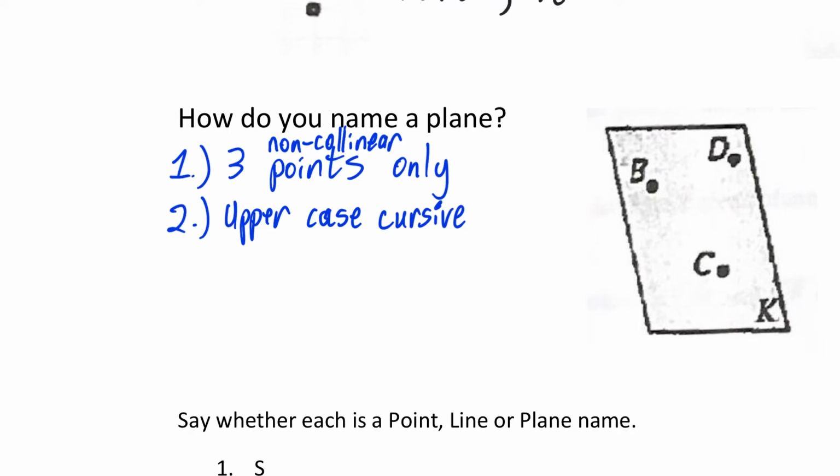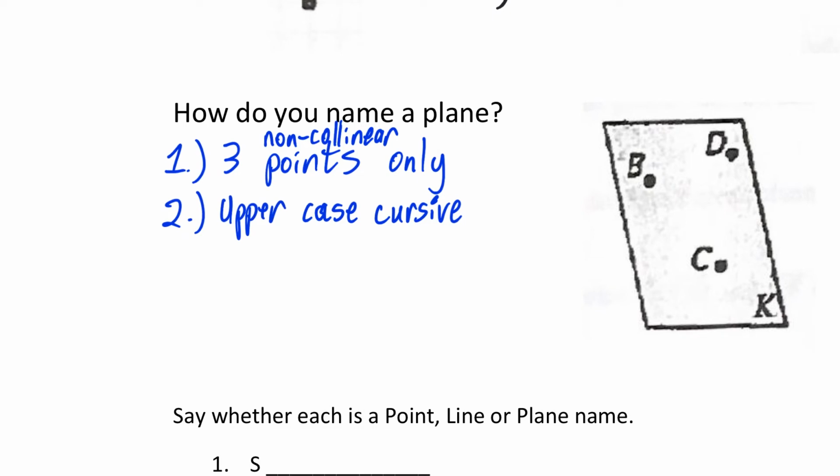Okay. So on this one, and the symbol we use for plane, let me just write it right here. There's a symbol we use for plane. It looks like a lowercase little cursive, a lowercase parallelogram. That's the symbol we use for a plane, okay?